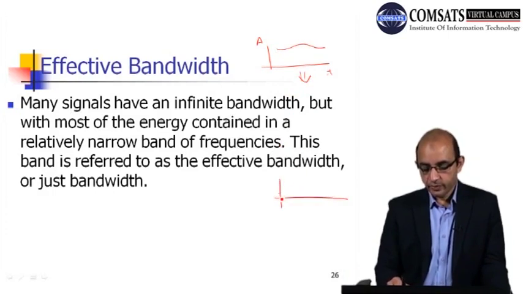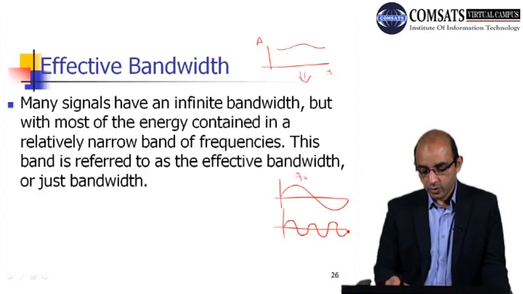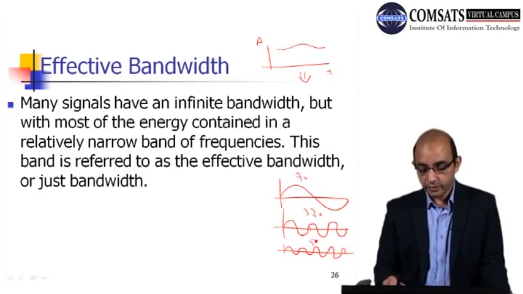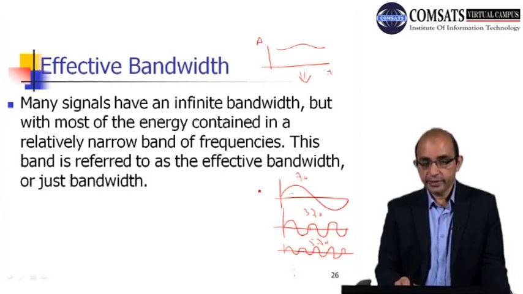For example, this is f naught, then 2 f naught and 3 f naught, 4 and 5 f naught, and so forth. We can have infinite frequency components present if we want to find out the frequency components.